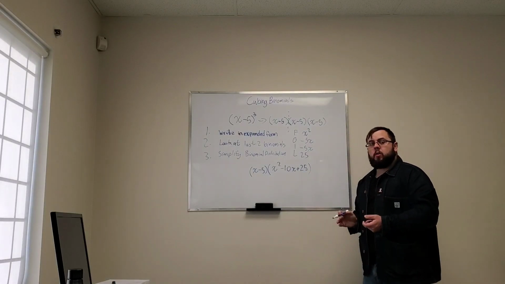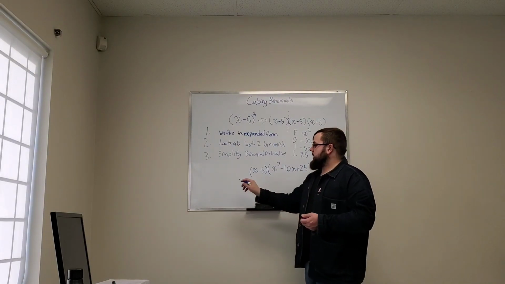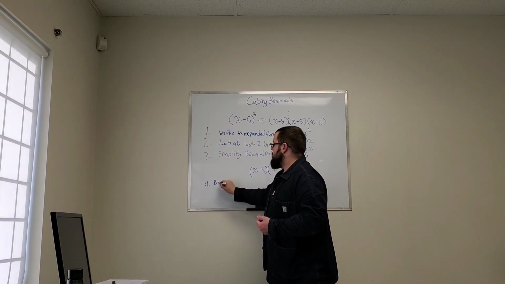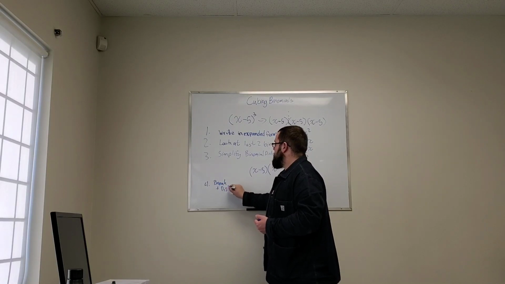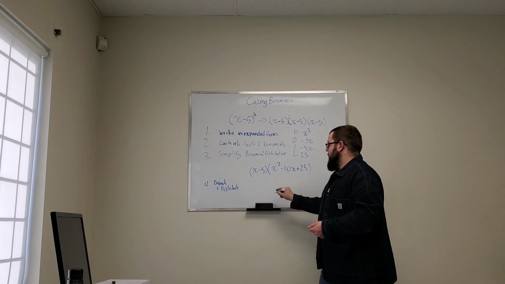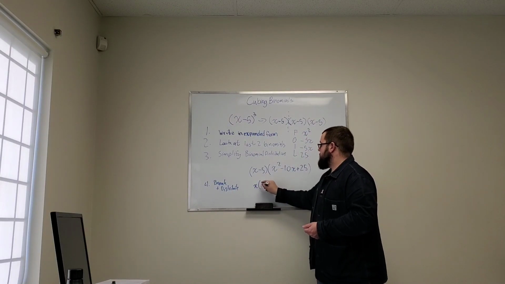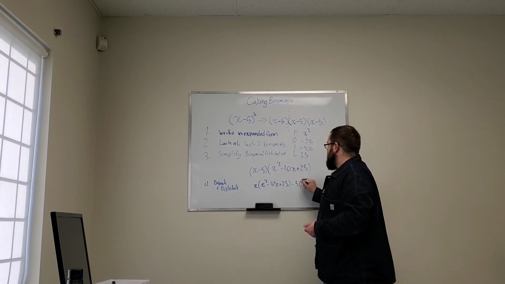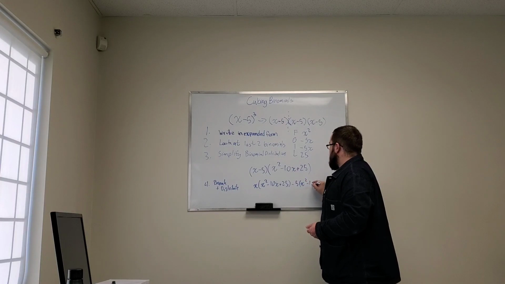Now I am going to use the break and distribute method. So I've got x squared minus 10x plus 25 minus 5, x squared minus 10x plus 25.